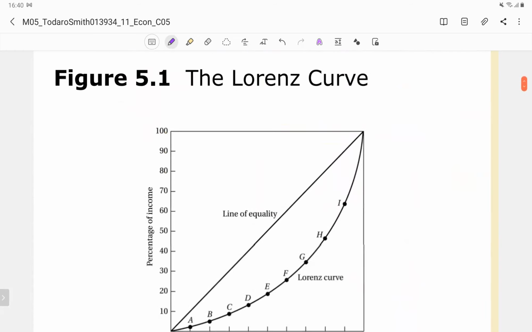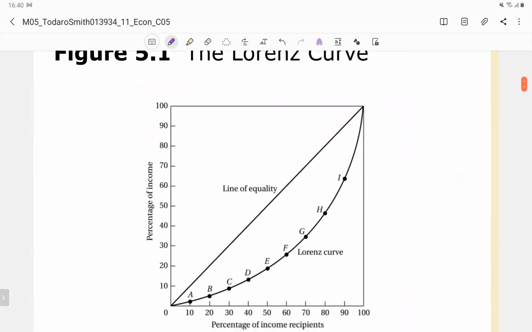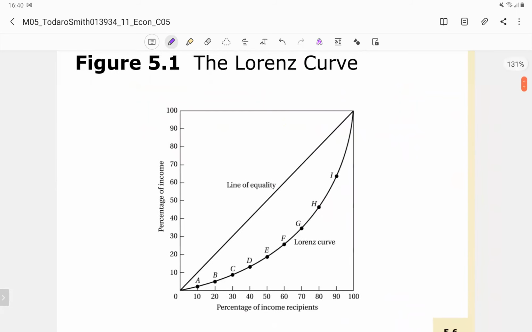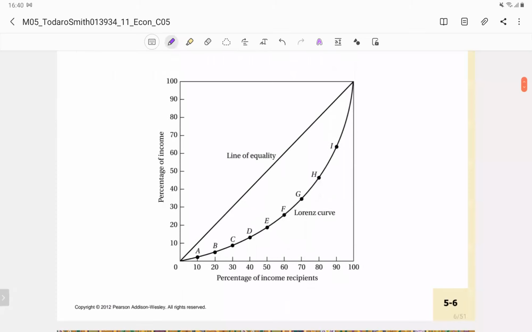Okay, and then the second one, this is very popular, the Lorenz curve. The Lorenz curve looks like this. So this half moon here is the Lorenz curve.